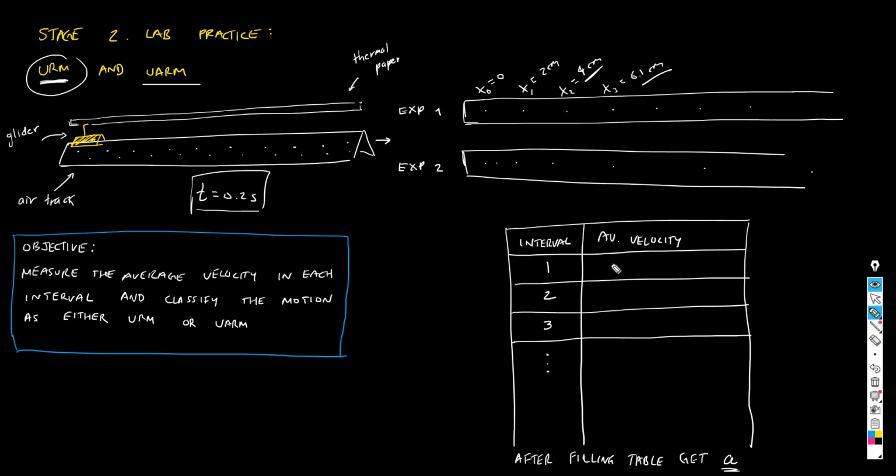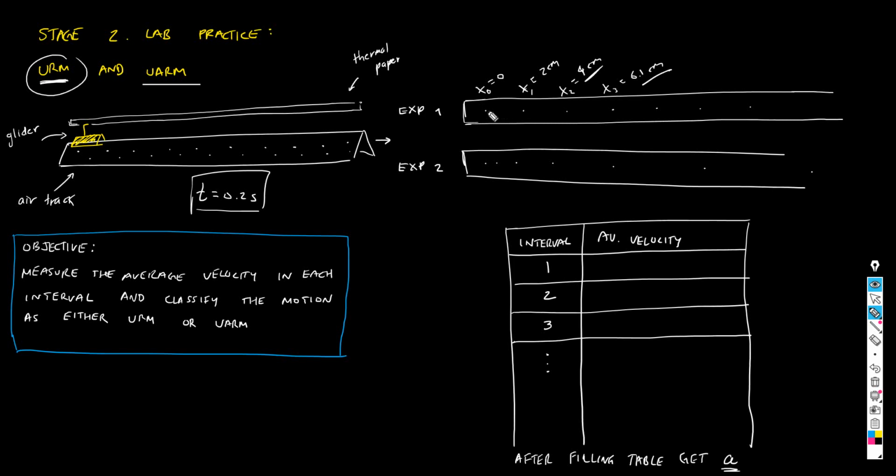And what I want you to find, basically as the objective of this experiment, is the average velocity during the first interval, and then the average velocity during the second interval, the third interval, and so on. How do you find the average velocity? Well, all you need to do, guys, is measure what distance the cart traveled from this point to this point.